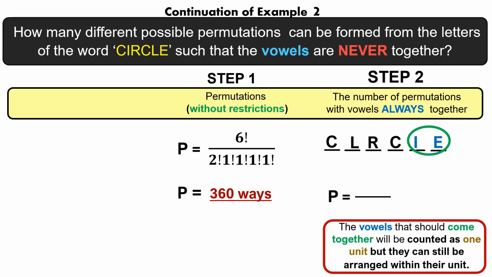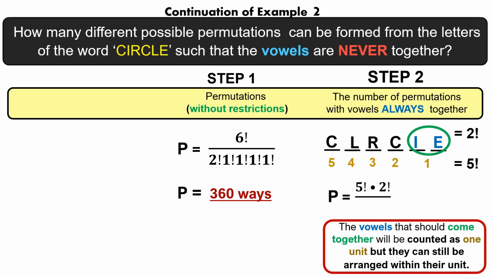However, we can still arrange the two vowels within their unit as 2 factorial ways. Next, we'll consider permuting the other letters together with the vowels we grouped as one unit. So we have 5 times 4 times 3 times 2 times 1 equal to 5 factorial ways. Now, we have 5 factorial times 2 factorial in our numerator. What about in the denominator?